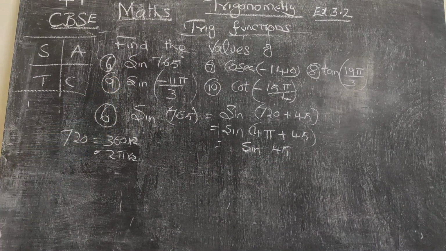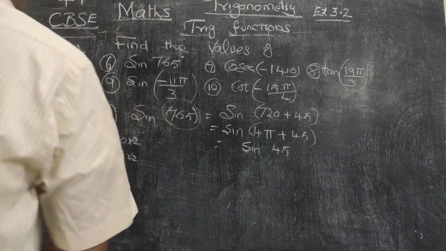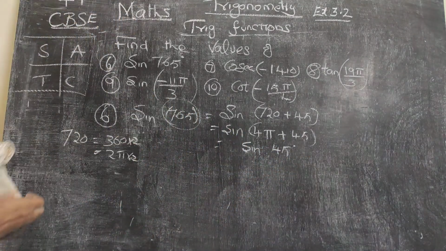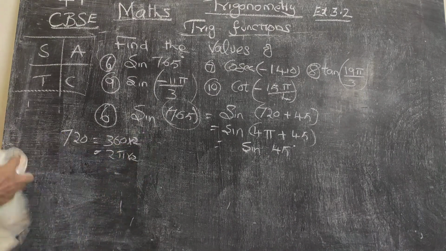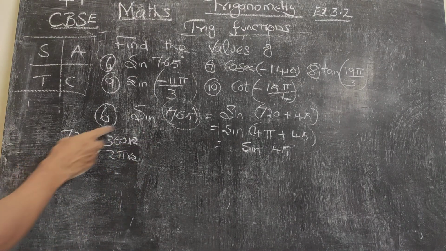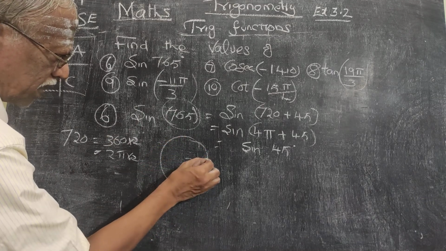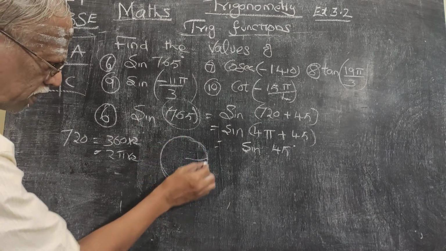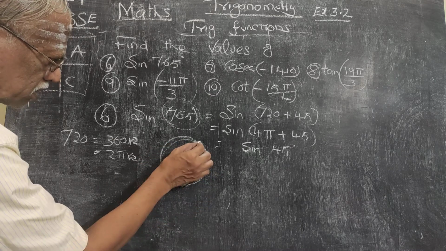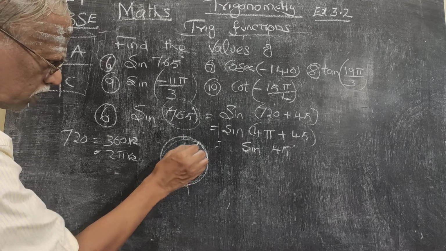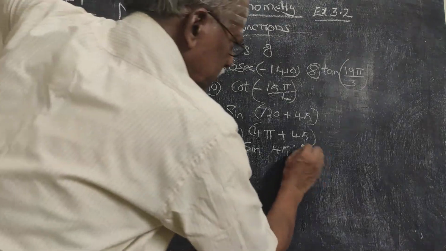Now you have to look into where this 765 will lie. Not this one, find 45 degrees. 765, where it lies. We have found that 720 plus 45. If you are starting from this angle 0, when you are completing here 360, another 360, 720, after 720 the 45 will come, so it lies in the first quadrant.